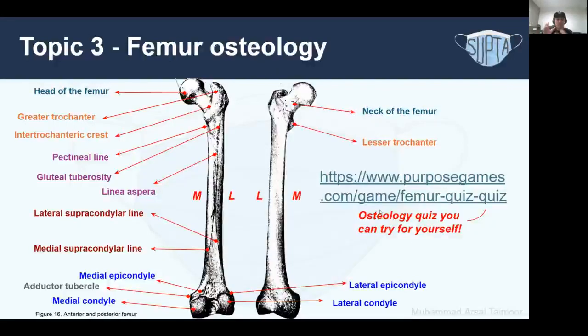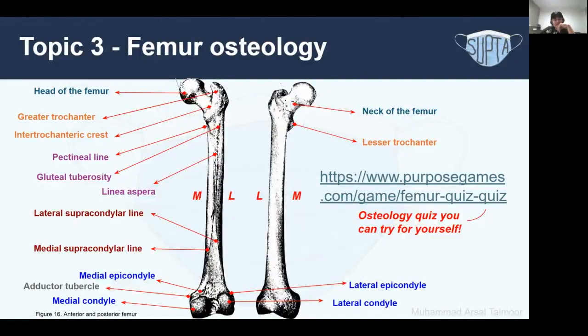If you ever get stuck learning muscle anatomy or bony landmarks, look up Purpose Games, and then look up something specific like femur osteology, and then you can quiz yourself. You can try to speed up the time it takes for you to correctly guess what goes where, and that helps with memorization if that's your thing.